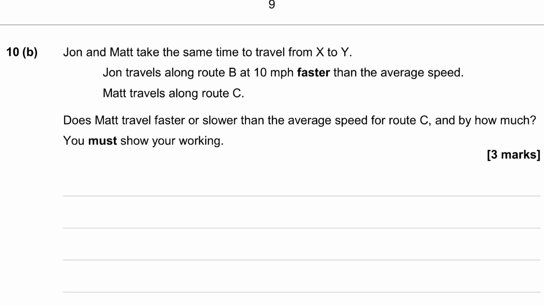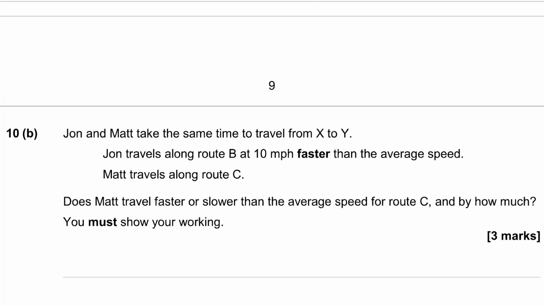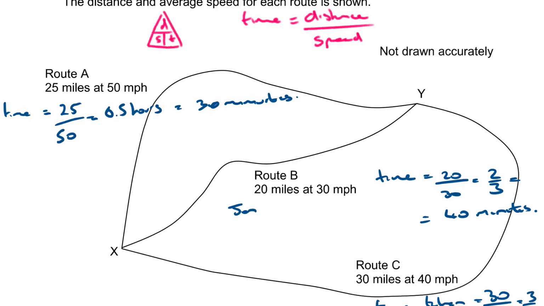Okay, so John's going down route B at 10 miles an hour faster than the average, so John's going this way, isn't he? This is John's route, and he's going to be going at 40 miles per hour because he's going 10 miles an hour faster. So he's doing 20 miles at 40 miles per hour.